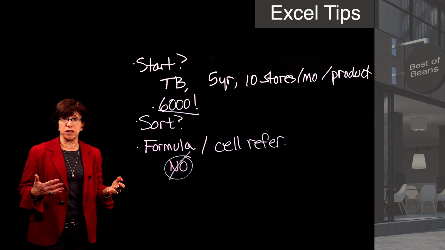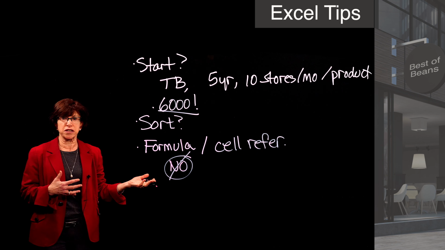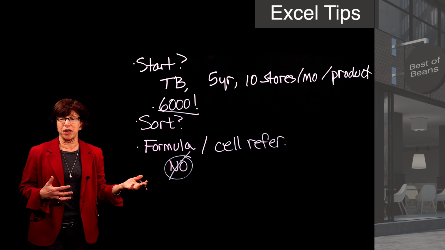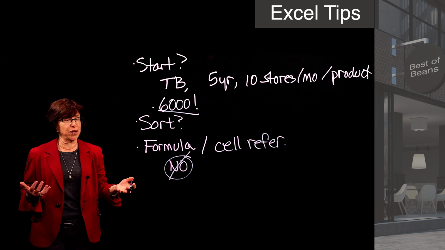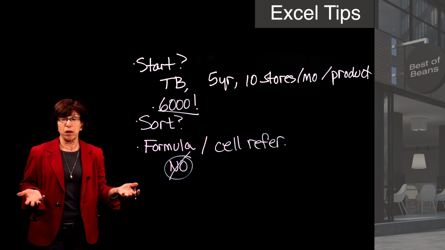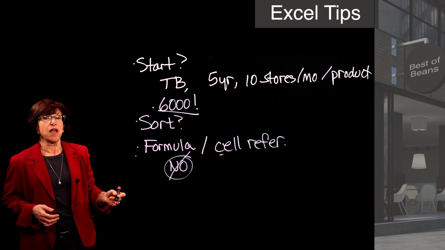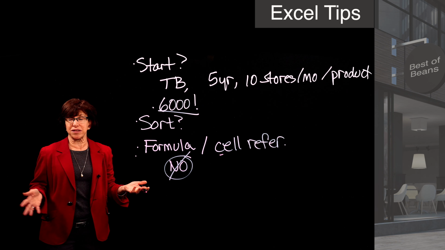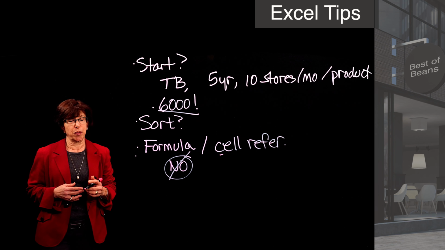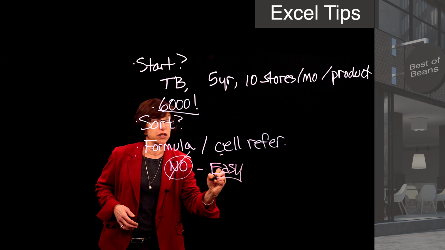You're going to build on this initial spreadsheet every week, so you might have 4, 5, 6 different tabs adding on to it. And if you keep retyping the numbers, we all know human error, there's a chance you're going to have an error. Plus, if you use formulas and cell references, when you go back and change your assumptions, everything carries forward.